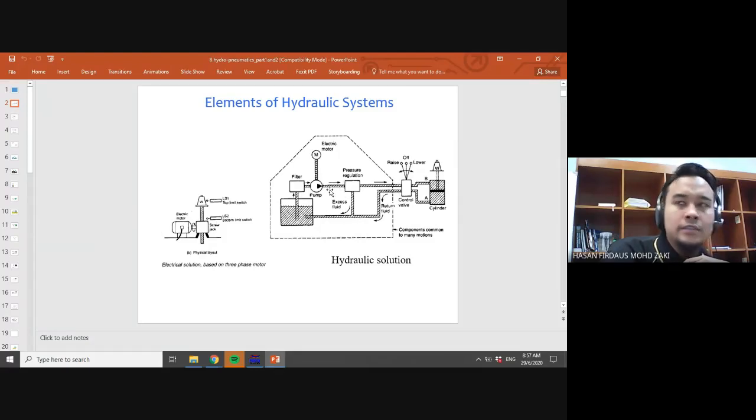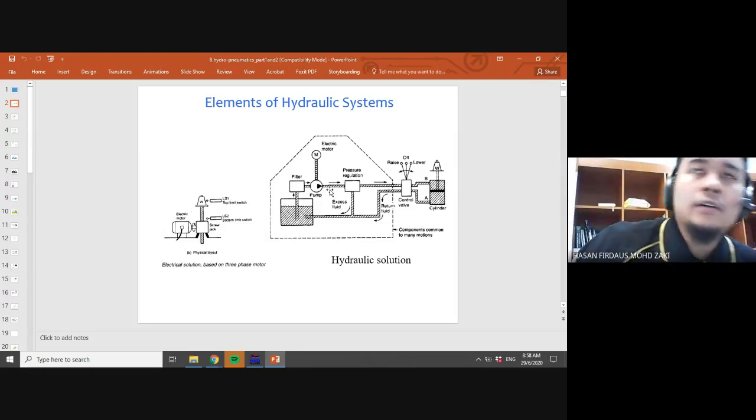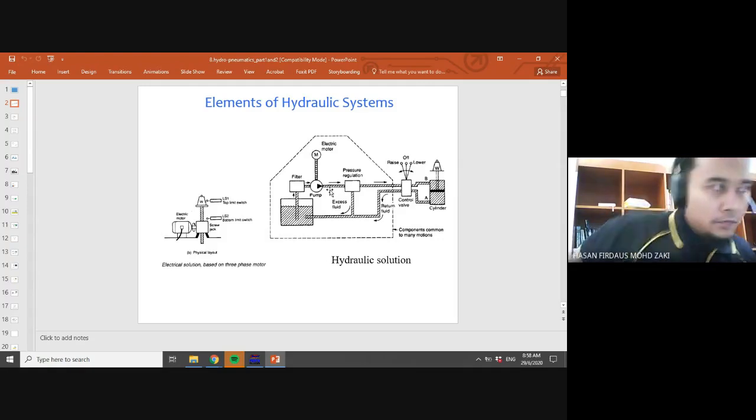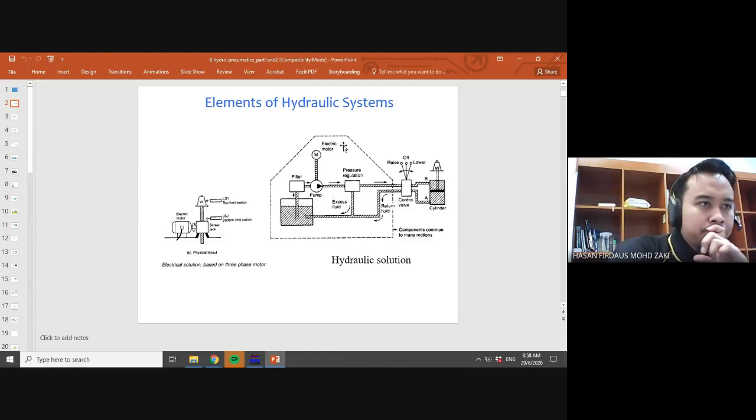If in the electrical circuit you have the wiring, then for the pneumatics you have the piping system. And then you have the control valve to control the output, which for the pneumatics is always the cylinder.